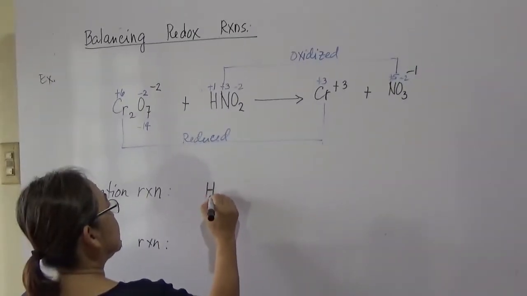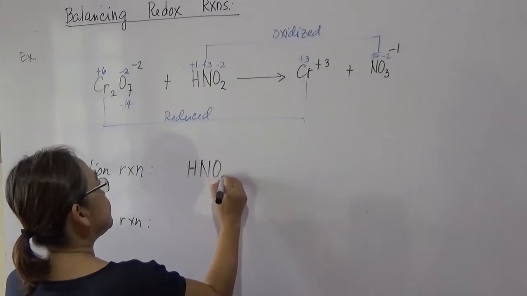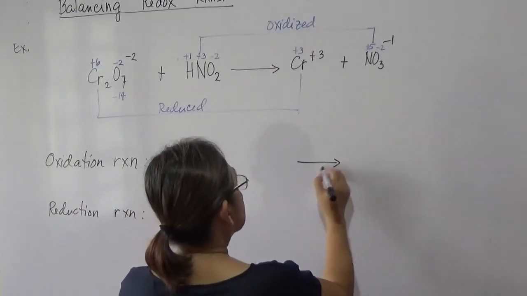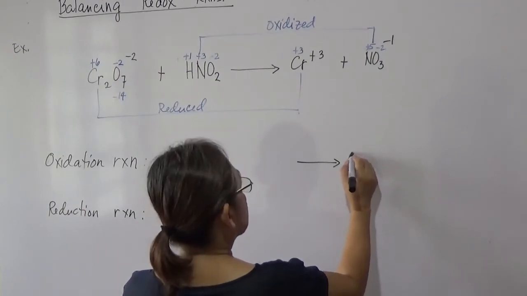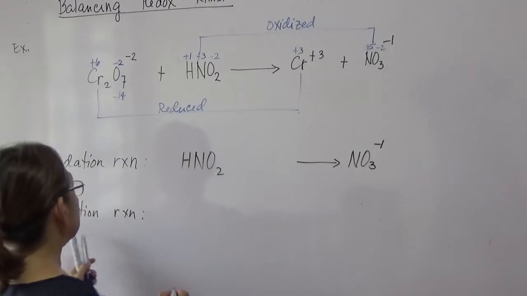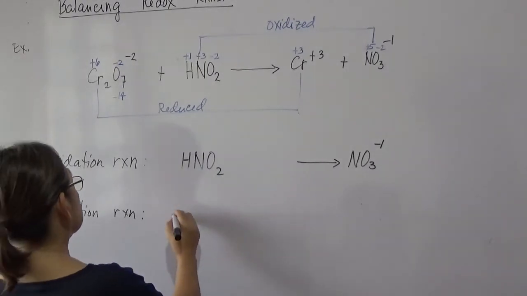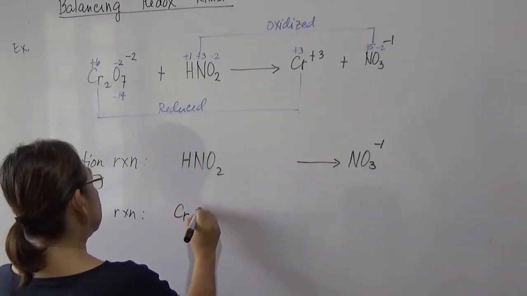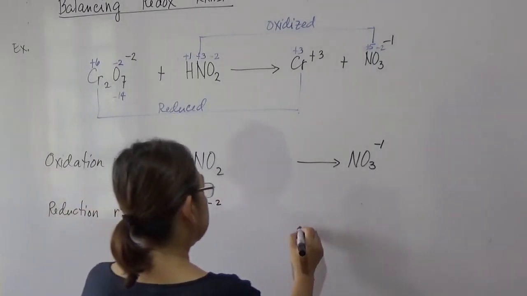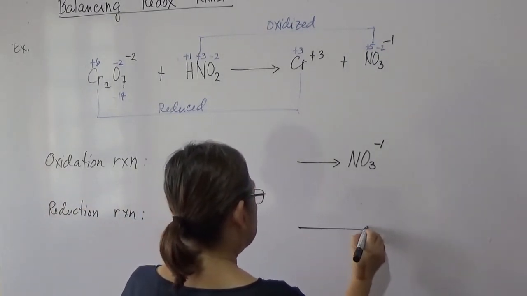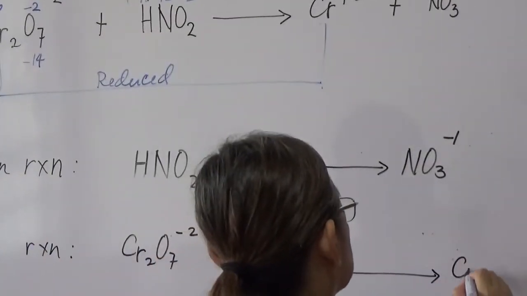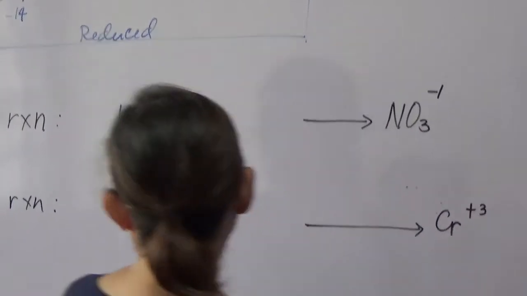So you have here the nitrous acid, and you just put a space, and we have nitrate, -1. And the one that is being reduced, we have the dichromate, Cr2O7, -2, being reduced to chromium +3.